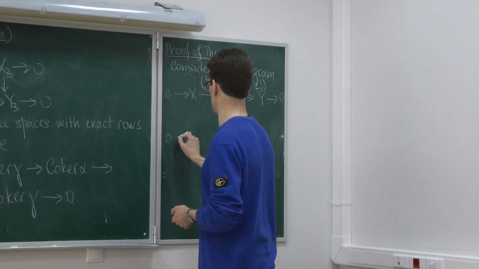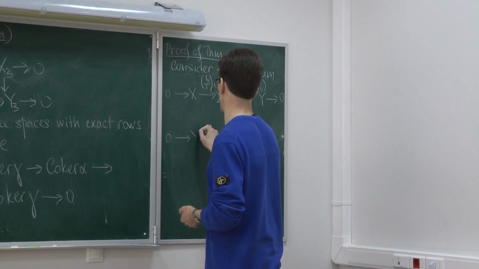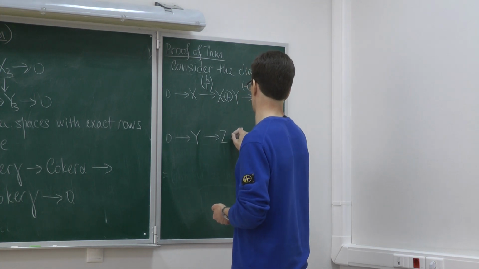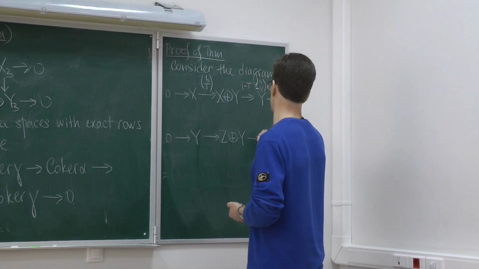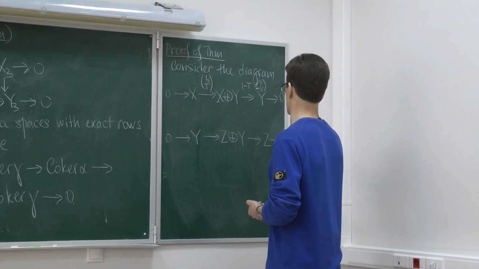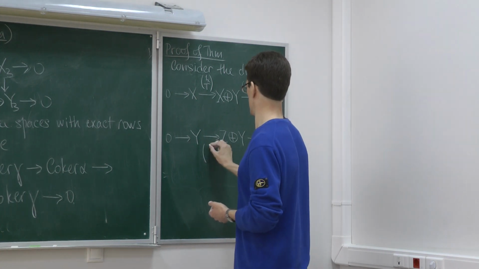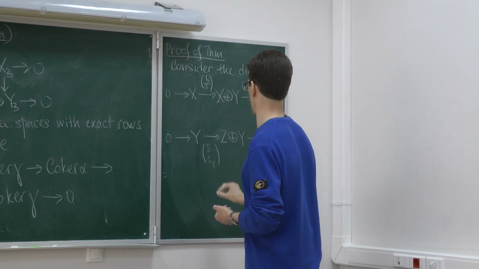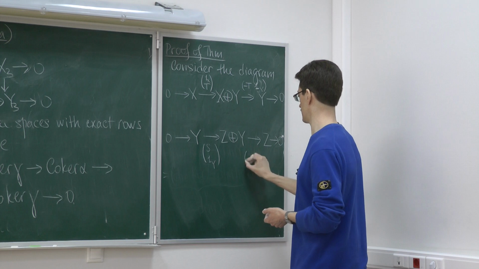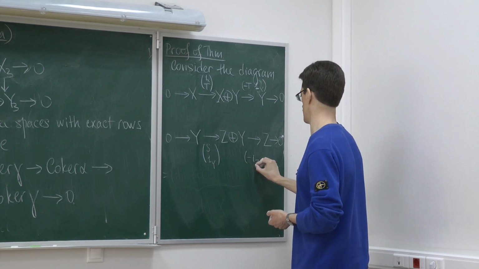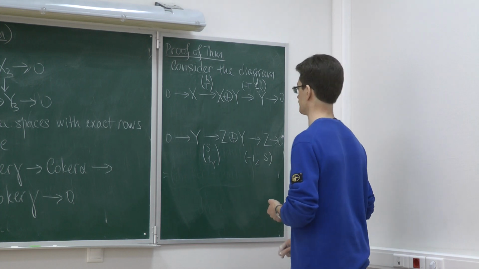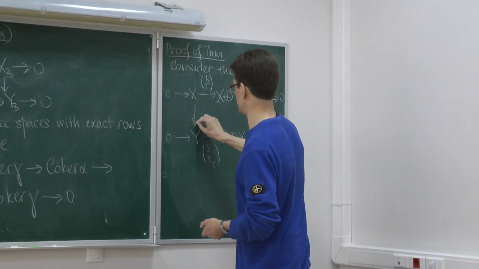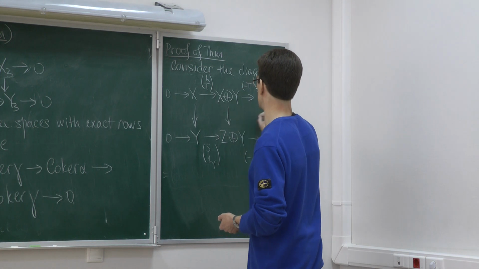The second row looks similarly. I have Y, Z plus Y, and Z. This arrow is the column S and 1, and this is the row minus 1 and S. And we also have three maps here, here, and here.